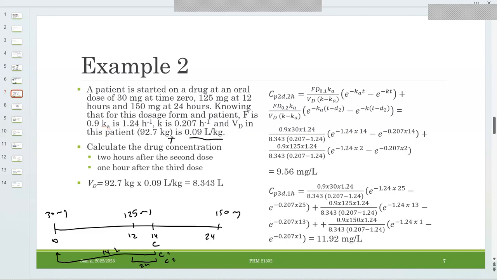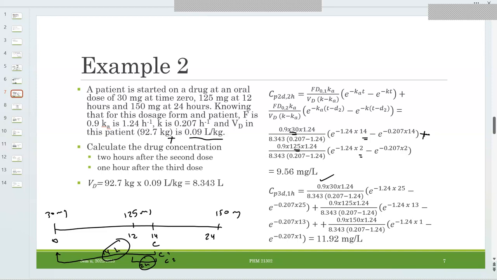The difference will be in the time and in the dose. The first dose is 30 milligram, but second dose is 125. The time from first dose is 14 hours as we calculated in the shape. The time from the second dose is 2 hours. So we add the two concentrations together and then we get the result.